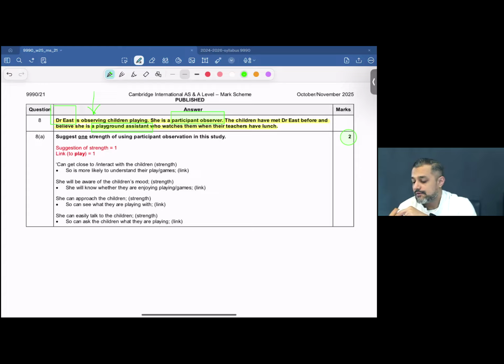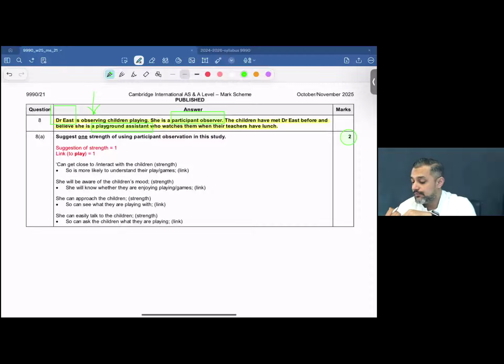And the children who are being observed have been kept under the impression that Dr. East is a playground assistant, and she is keeping an eye on them, probably trying to make sure that they're safe enough, while the children's teacher is having lunch. So I know there's deception here.